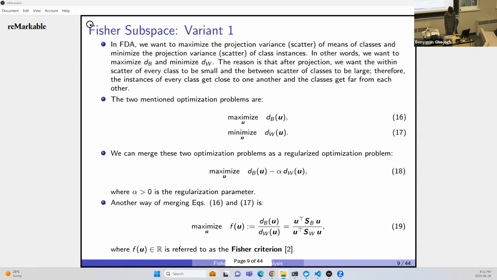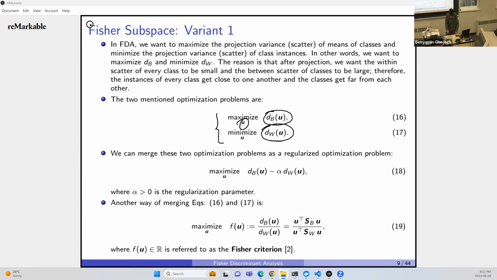Now refer to variant 1. We will go back to variant 2 again. Variant 1, as I said, maximizes dB while minimizing dW. So it maximizes between scatter and minimizes within scatter. There are several ways to combine these two optimization problems. By the way, the optimization variable is U, a projection vector or matrix. Here it is a vector.